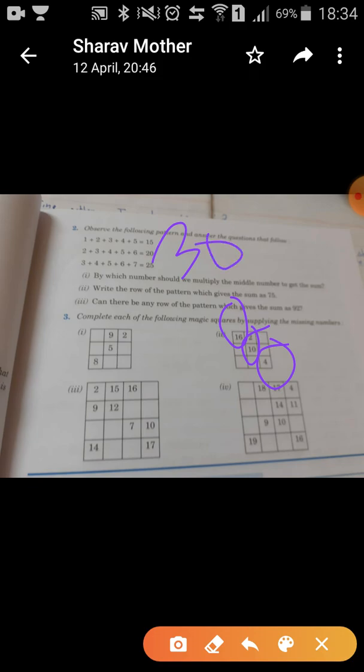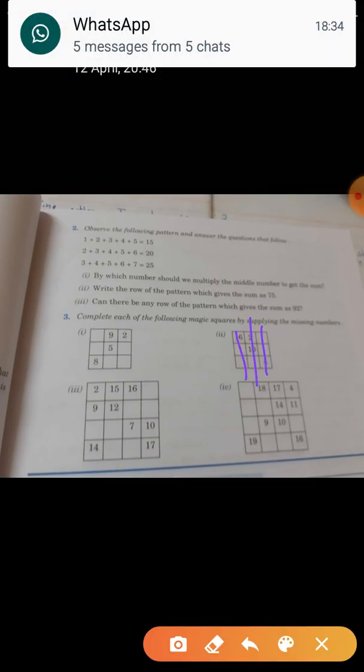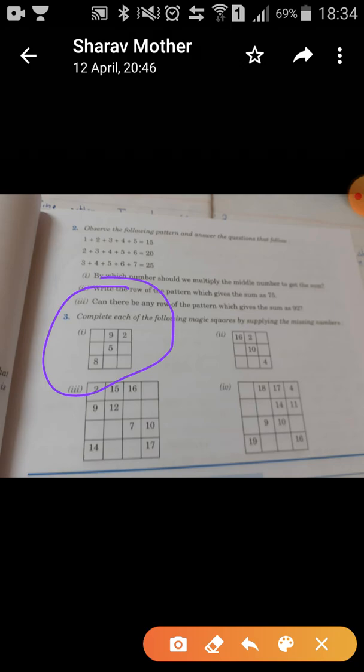When you add up these three, it should be 30. Everything should be 30. For those who haven't understood the previous sum, I'm going to explain this sum once again, in case you haven't understood it.